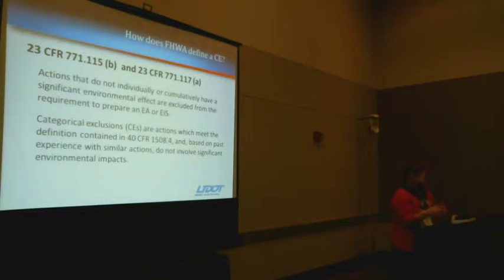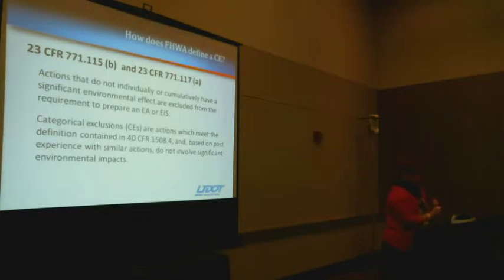A lot of people think if it's on the C&D list or if it's a CE, it means it's excluded from NEPA, and that's not true. It's excluded from the requirement to prepare an EIS or an EA, which is a little bit different. It's kind of semantics, but it's a little bit different. So it doesn't give you a hall pass. It doesn't mean that your project's good to go or that you have a blanket clearance. It also says that it's excluded from requiring further FHWA approval.